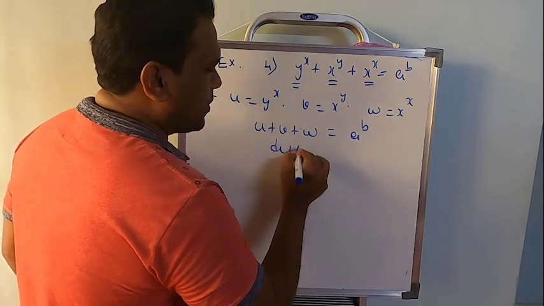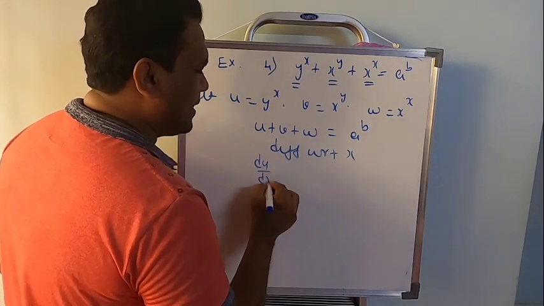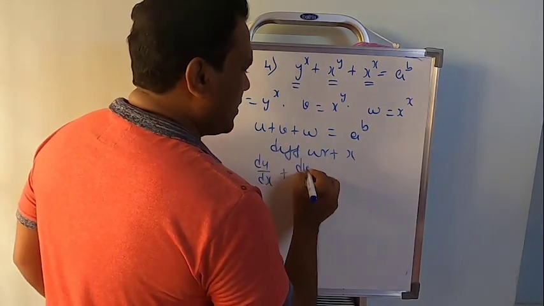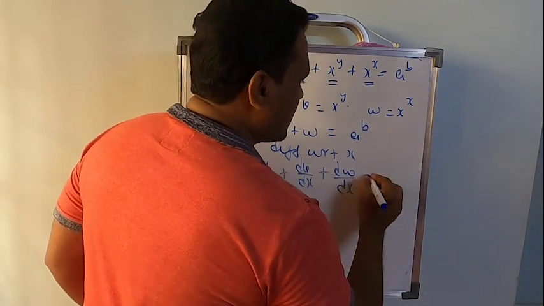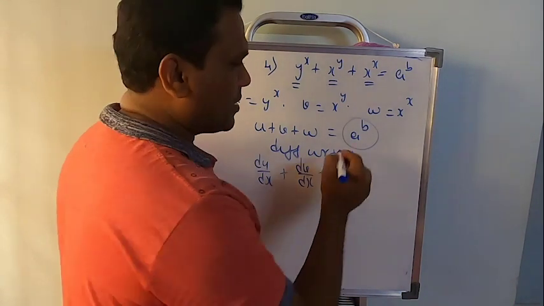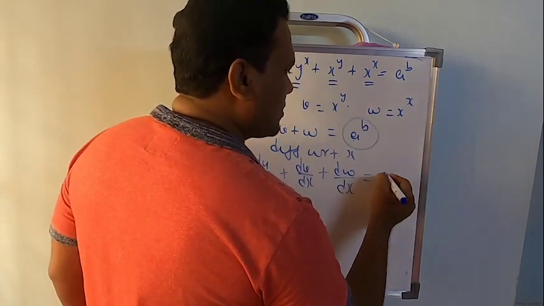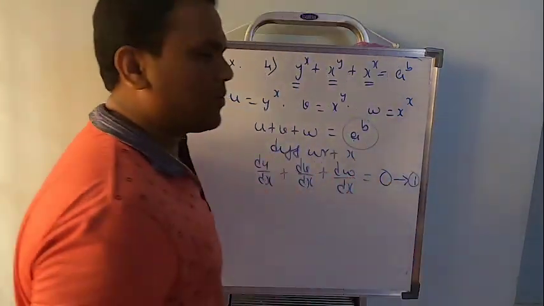Differentiate this with respect to x. So this will be du by dx plus dv by dx plus dw by dx is equal to, remember a is a constant, b is a constant, constant to the power constant is still a constant, and differentiation will be 0. Call this equation number 1.